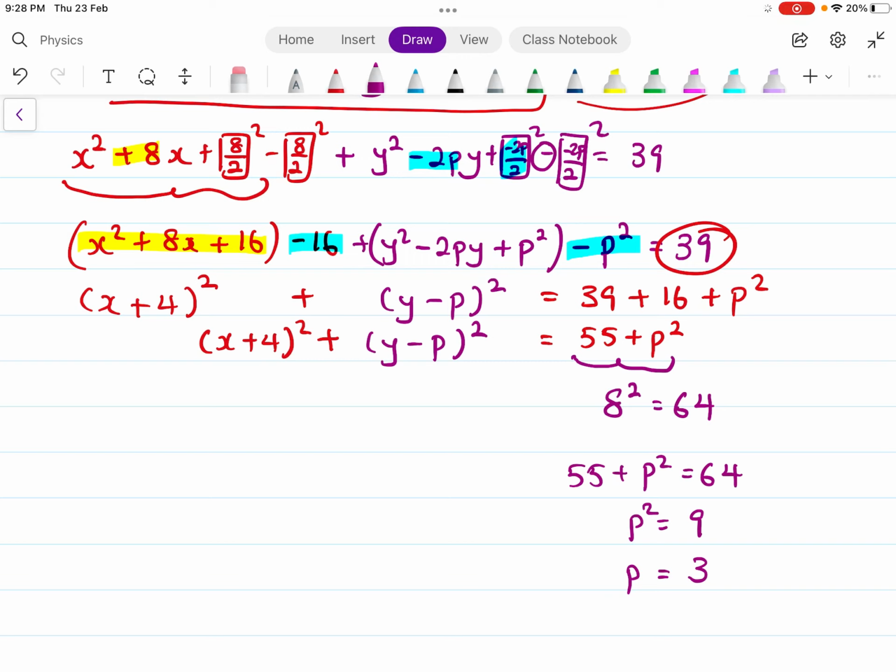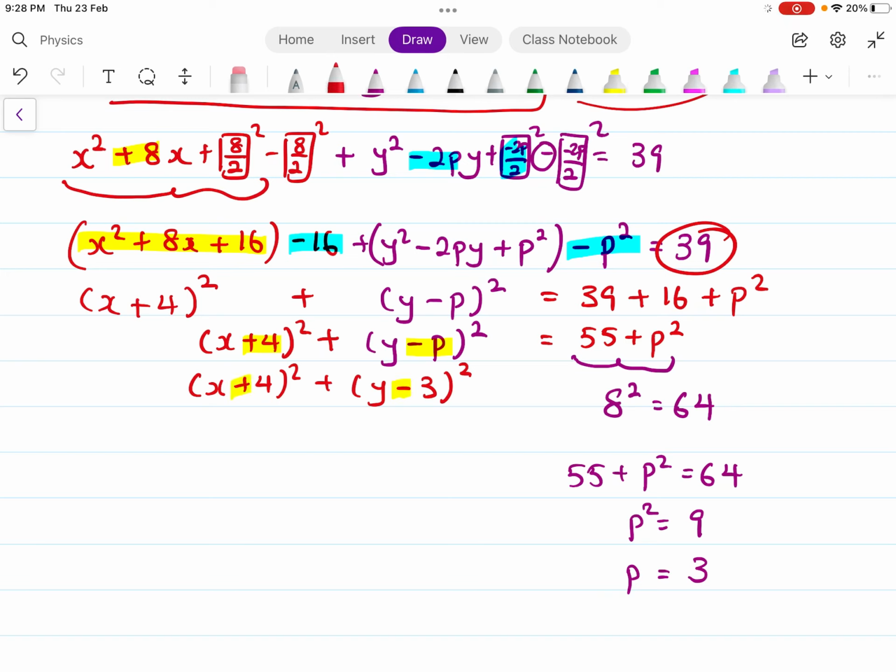Of course, they also want us to solve for the coordinates of the center of the circle. For that, you have to look at this part and this part. So we know this is (x plus 4) squared, then plus (y minus 3) squared. Always remember, whenever we are finding the center of a circle, the signs here and here must be minus.